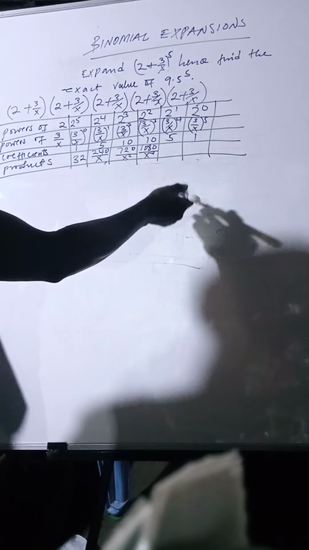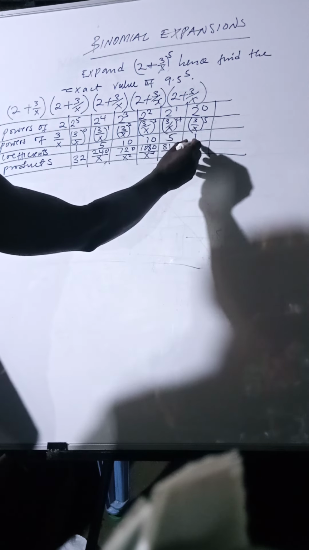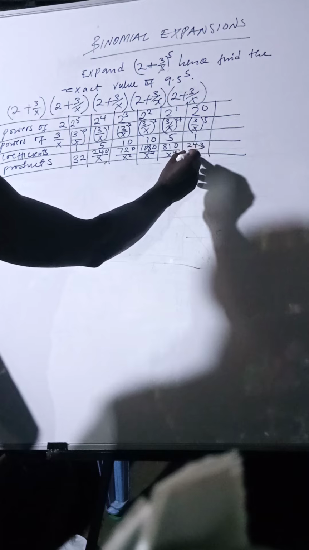Just use a calculator to multiply those things. Here you will get it to be 810 divided by x raised to the power 4. And here this one is 1 times 1 is that. We remain with 3 raised to the power 5, which is 243 over x raised to the power 5.